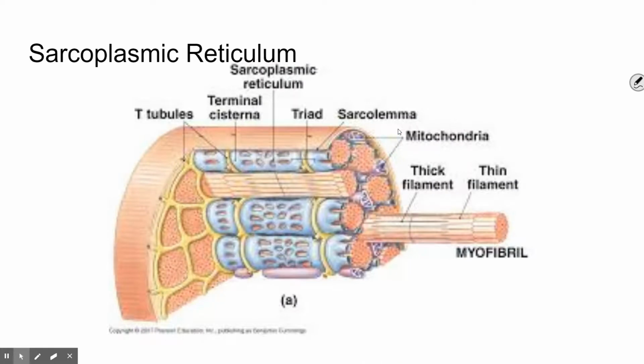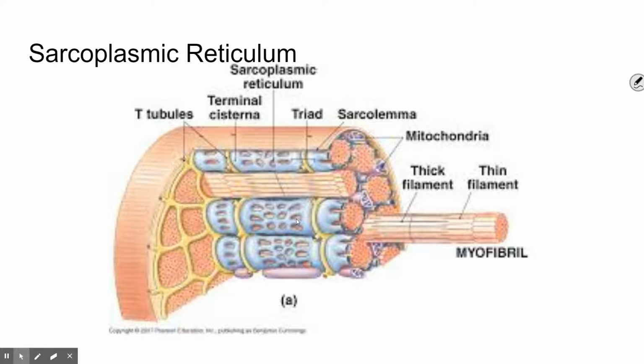So next, we'll look at this idea of the sarcoplasmic reticulum. It's a modified endoplasmic reticulum. It's smooth ER, and it is surrounding each one of these myofibrils. You can see that here. This blue business is the sarcoplasmic reticulum.